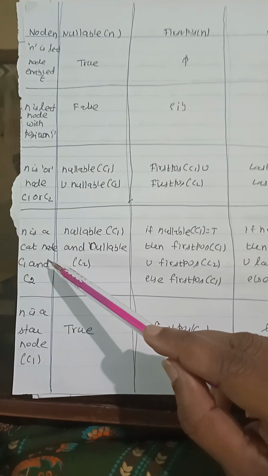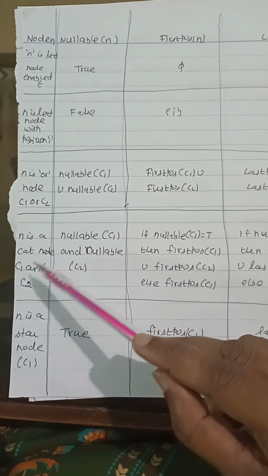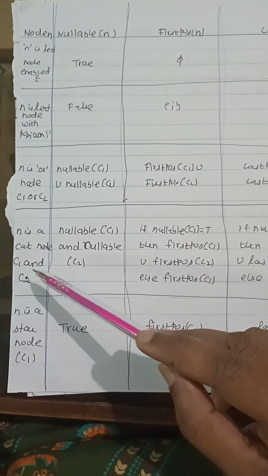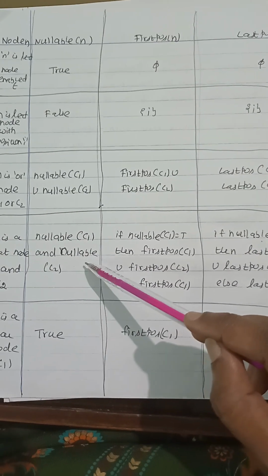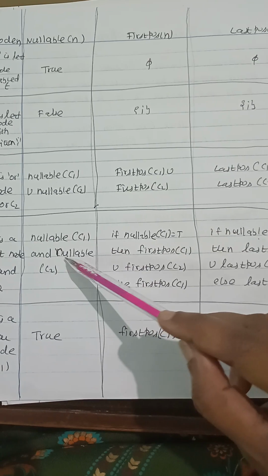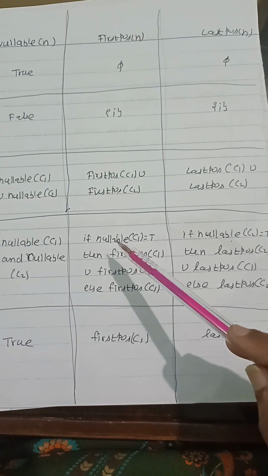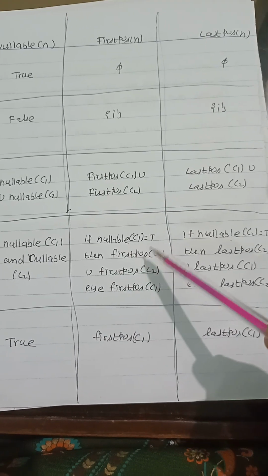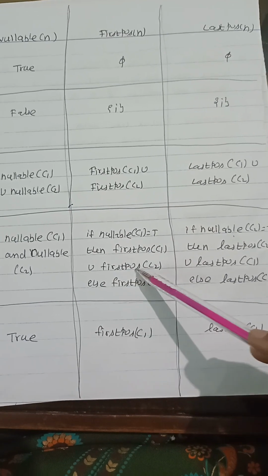And the fourth case is if n is a cat node or dot node or concatenation node. For that concatenation node also two children would be there, C1 at the left side and C2 at the right side. Here the formula for nullable function is nullable of C1 and nullable of C2. And for calculating the first position, if nullable of C1 is true, we have to calculate by using first position of C1 union first position of C2.